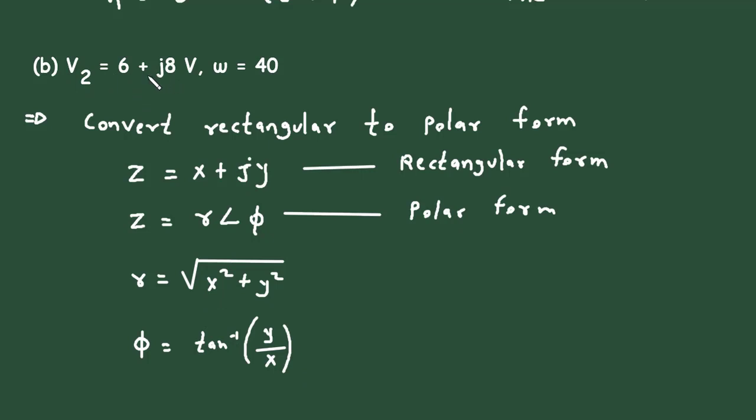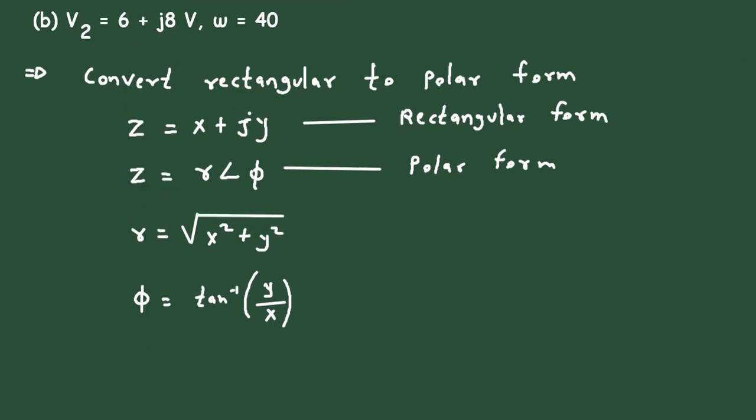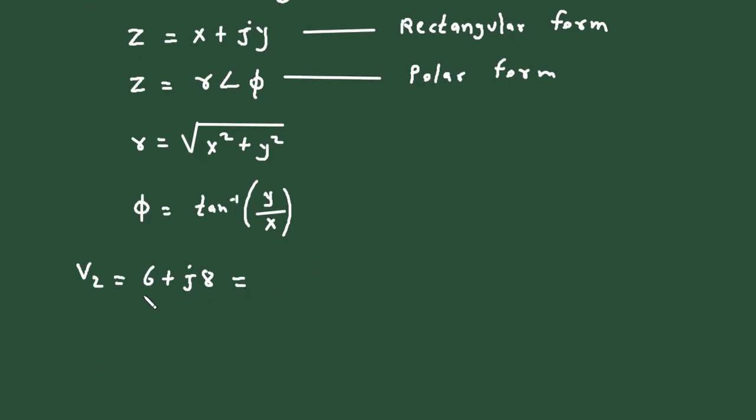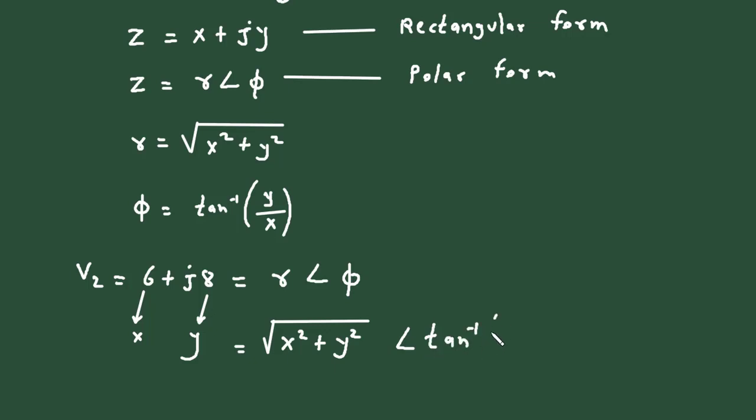So here V2 is equal to 6 plus J8. So here this is the value of x and this is the value of y. We need in this form R at an angle phi. So the value of R will be under root of x square plus y square at an angle tan inverse of y by x.